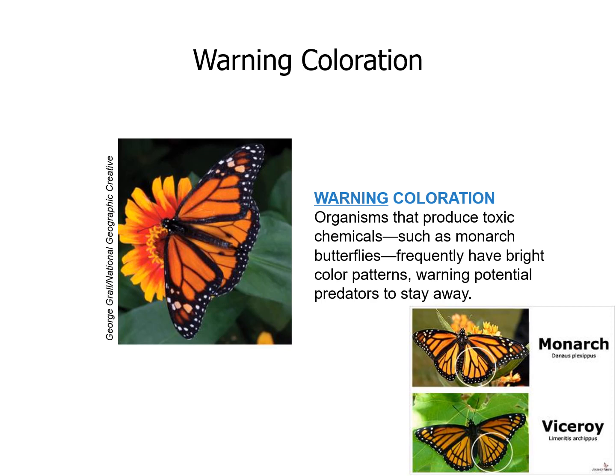So, one of the neat things that animals have evolved to do is something called mimicry. Mimicry is an evolutionary ruse. It is what this little viceroy is doing. He is mimicking the monarch butterfly's coloring.